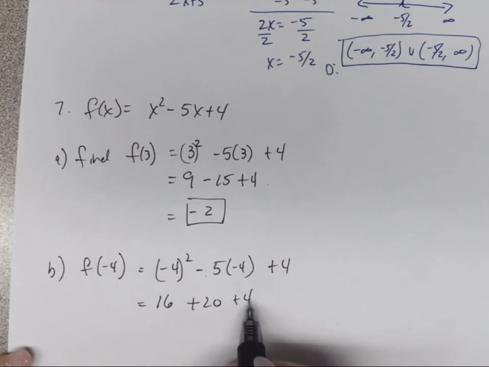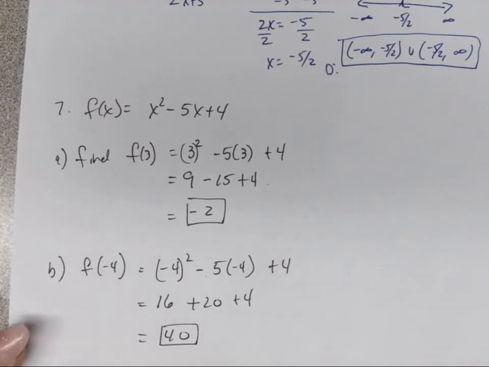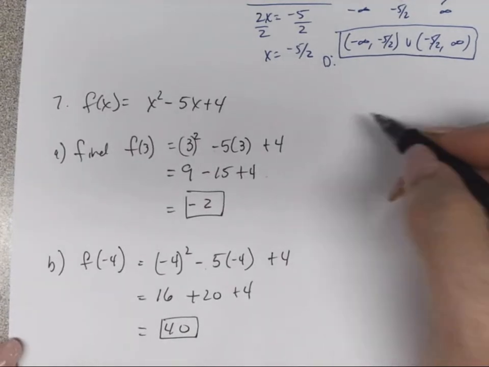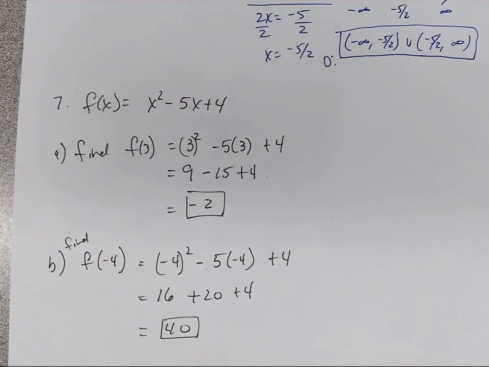And as we add this together, we get 40. So all you're doing here is you are evaluating. You are finding your value of your function at the values that are given to you. So you have a function, you're told to find this, and that's all you have to do on that.